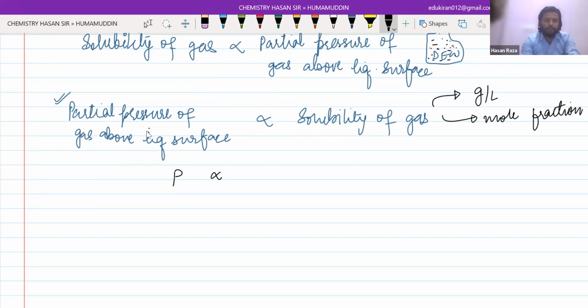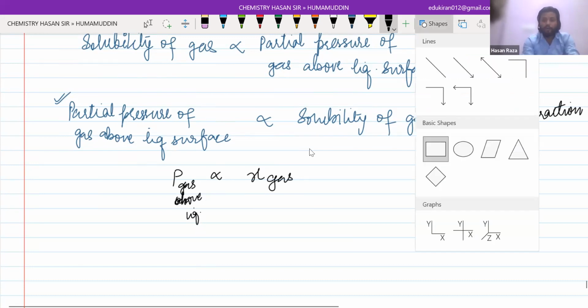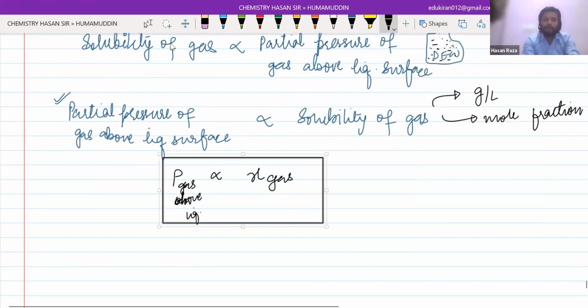So basically, partial pressure of gas is directly proportional to mole fraction of gas. This is your partial pressure of gas above liquid surface. The partial pressure of gas above liquid surface is directly proportional to the mole fraction of gas.